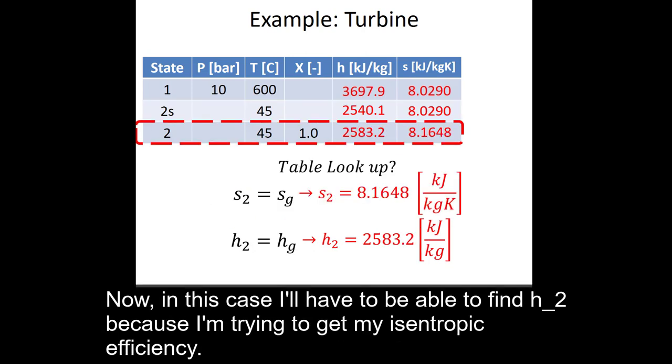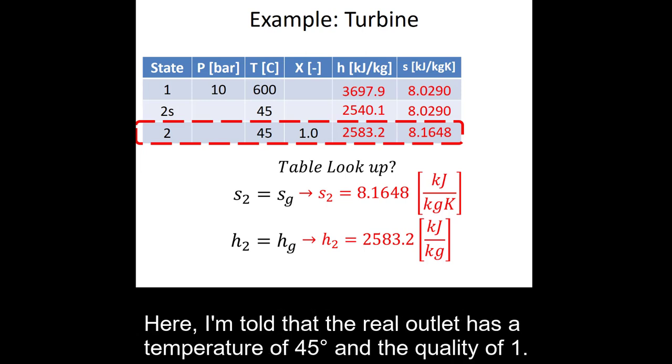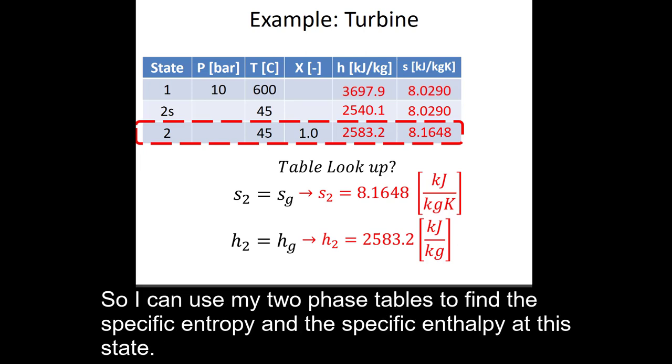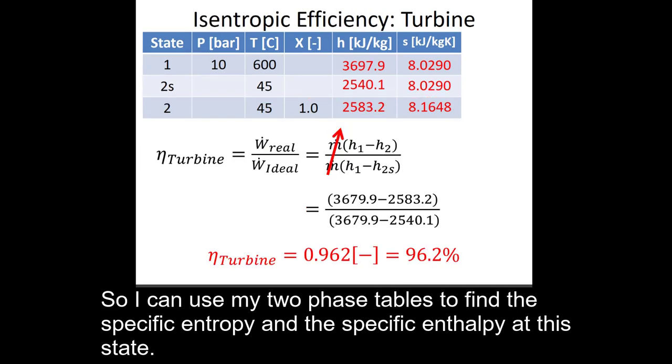Now, in this case, I'll have to be able to find h2 because I'm trying to get my isentropic efficiency. Here I'm told that the real outlet has a temperature of 45 degrees and a quality of 1. So I can use my two-phase tables to find the specific entropy and the specific enthalpy at this state.